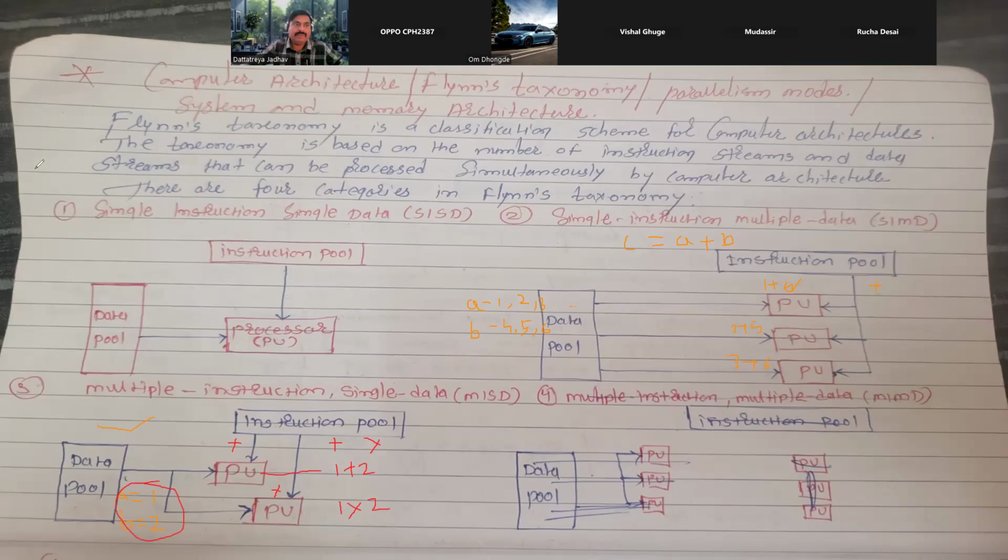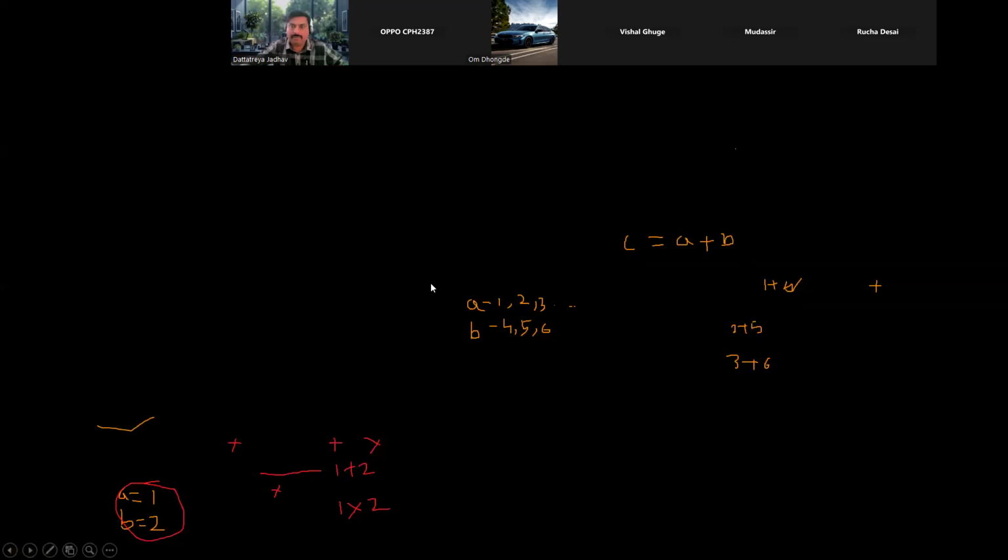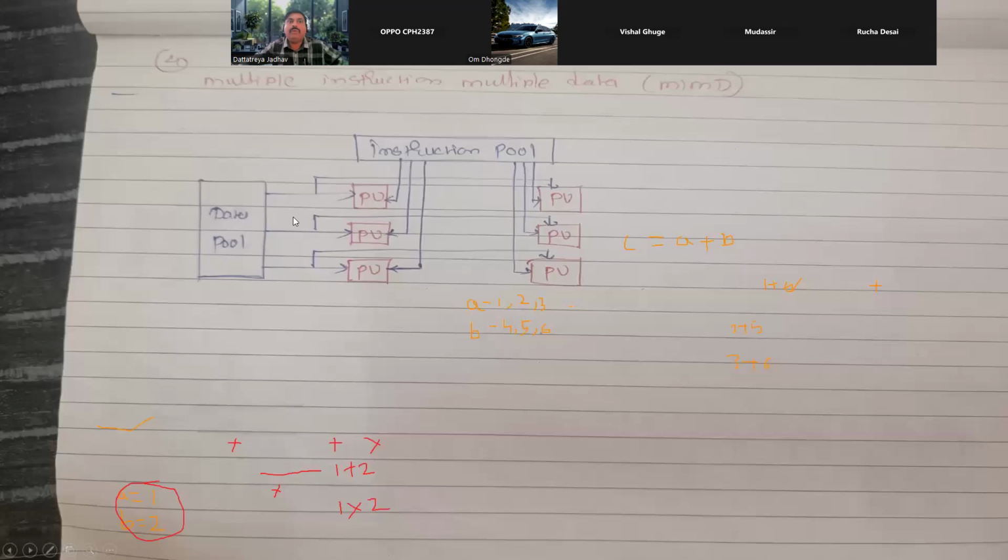Next, considering another way, just step back. Multiple instruction, multiple data. It may be possible that the data has multiple parameters. Just let me remove this so you can understand better.